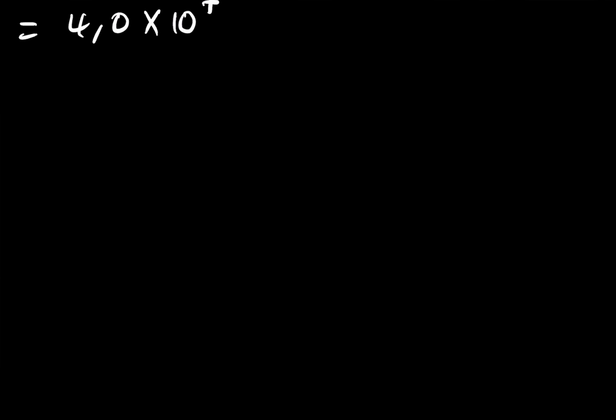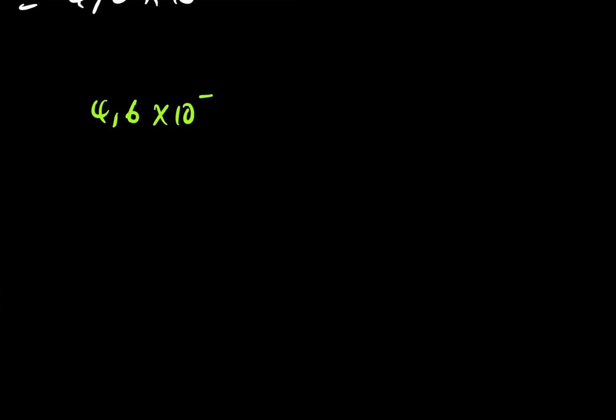Now let's check one more example. If I have 4,6 multiplied by 10 to the power negative 5, and then multiplied by 7,2 multiplied by 10 to the power negative 3.